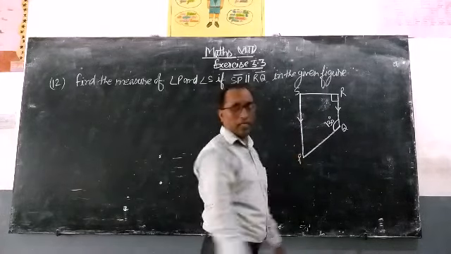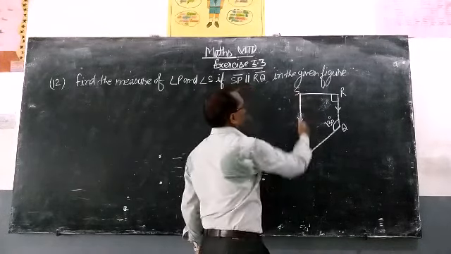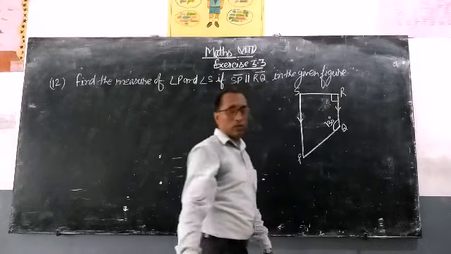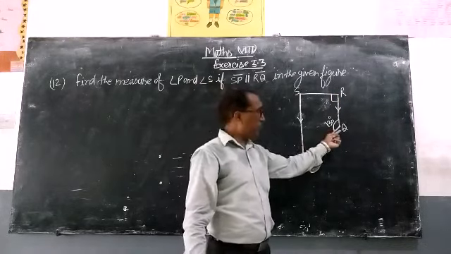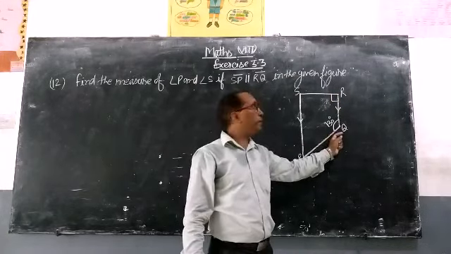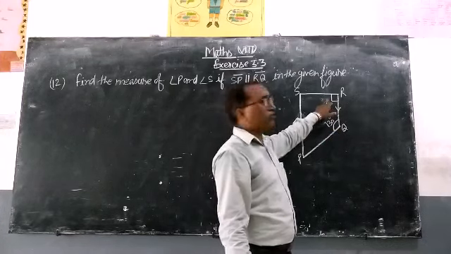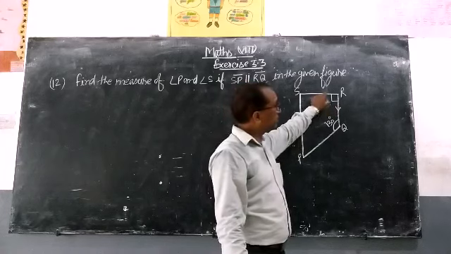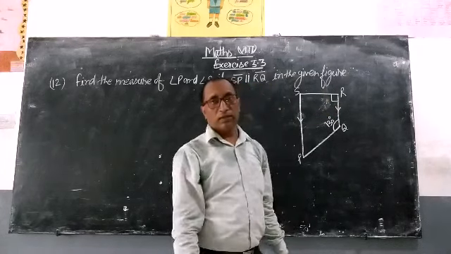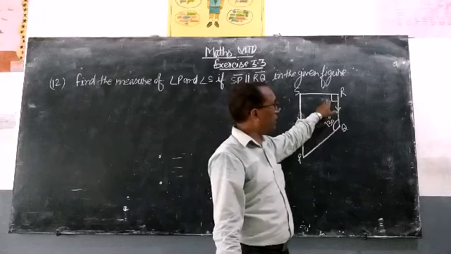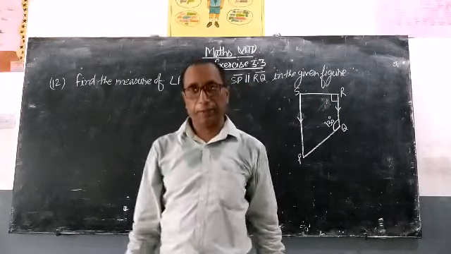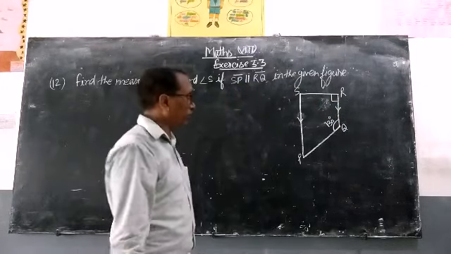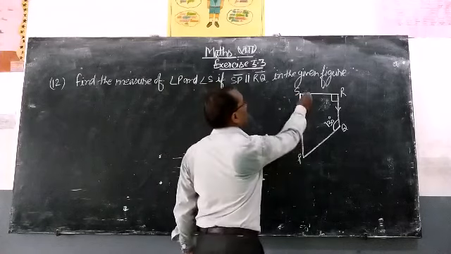In this quadrilateral, ST is parallel to RQ, angle Q is equal to 130 degrees, angle R is equal to 90 degrees. By this symbol you recognize that angle R is equal to 90 degrees. Then you find out the values of P and S.